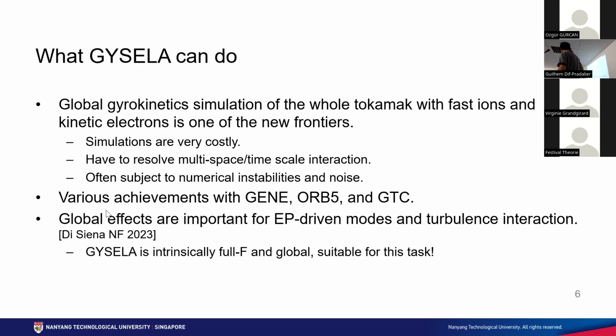Traditionally people have been trying to use local codes, which take a flux tube and simulate the turbulence along the flux tube, and on top of that add fast ions. But it has been shown recently that this is not sufficient. So Gisela is in a very good position because we are intrinsically full-f and global.